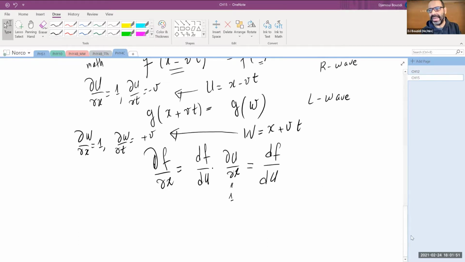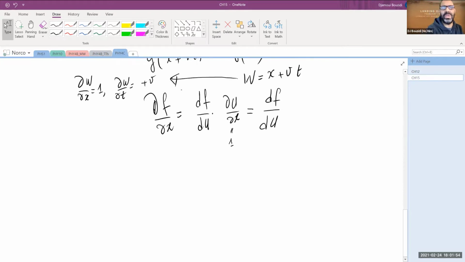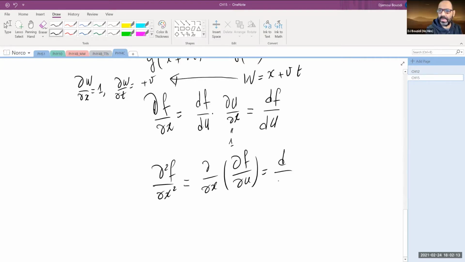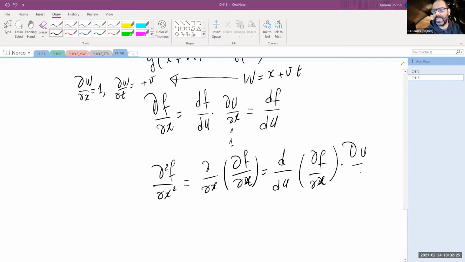So empowered with that, I'm going to look at the second derivative of f with respect to x. I'm going to use the chain rule one more time, which is the derivative with respect to x of the derivative of f with respect to u. That is the derivative with respect to u of this derivative of f with respect to u, times the derivative of u with respect to x.